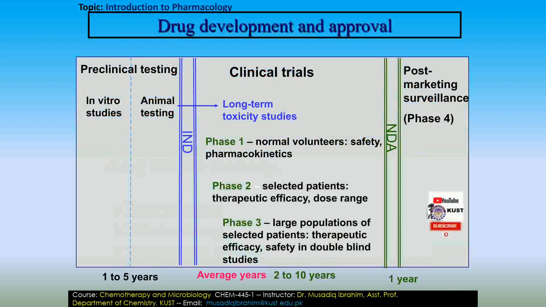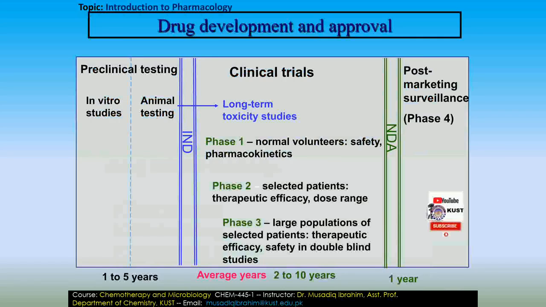Animal testing is the second stage in preclinical testing, in which normally mice are used. The mice are infected with certain infections and then treated with the drug of choice, and it is seen whether the drug treats the infection or has worse effects on the infection.